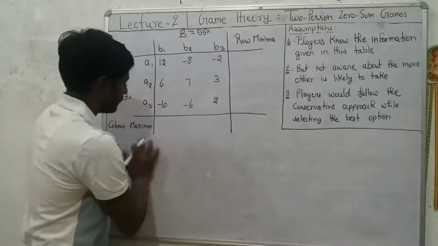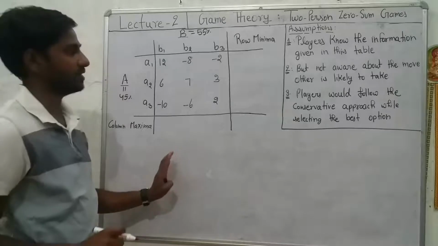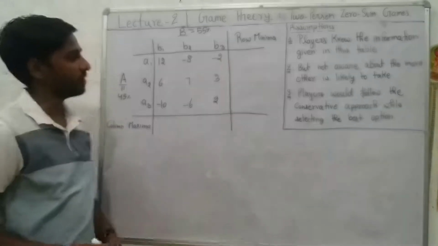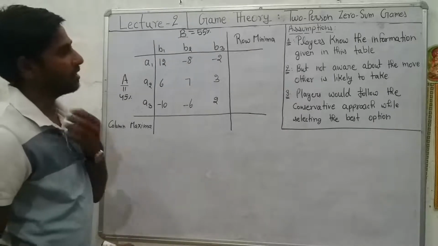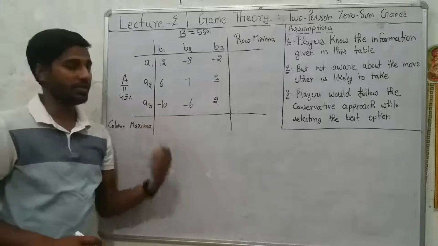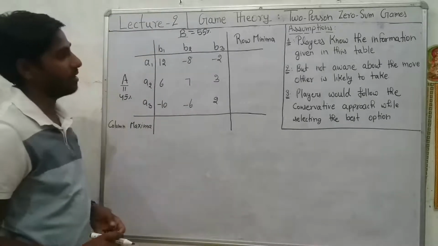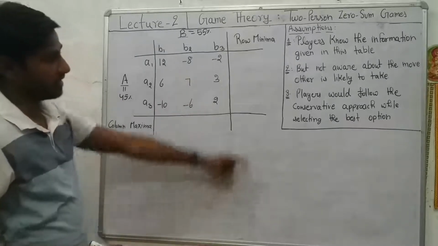So let's start. Before starting this illustration, we must keep in mind these assumptions. What is the first assumption? That every player is aware of the information given in this table. It means player B and player A are well aware of the information given in this table. And what is the second assumption?